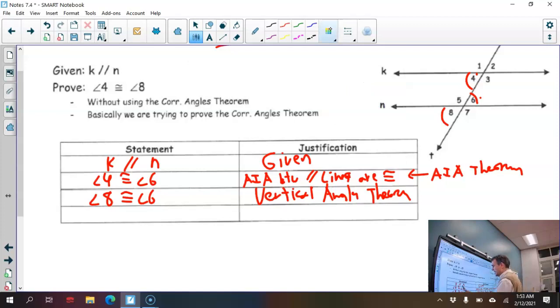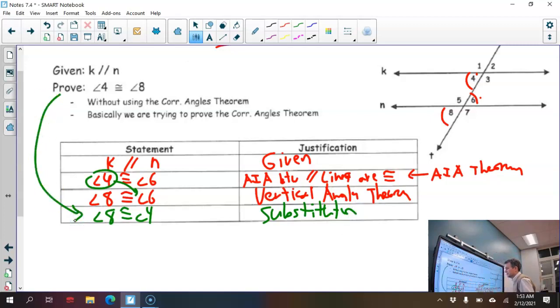So now, because 4 is equal to 6, I'm allowed to take 4 and substitute it. So I can say angle 8 is congruent to angle 4. All I did was substitute. That's by substitution. I took two amounts that are equal to each other, and I substituted one in for the other. And I have proven what I was trying to prove.